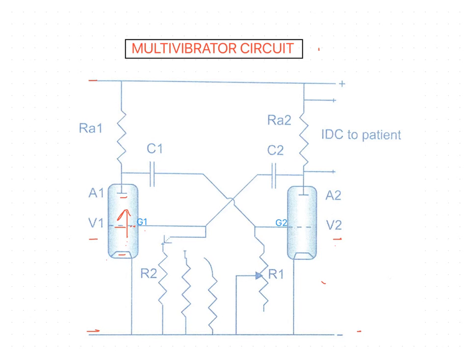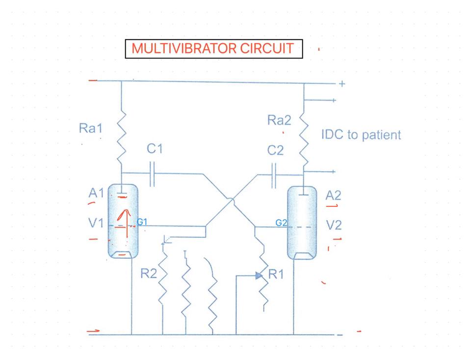A resistance is placed between each anode and the positive supply line. Every valve has an anode, A1 and A2. Between the positive supply and each anode, the resistances are kept: RA1 is related to the first valve, RA2 to the second valve.